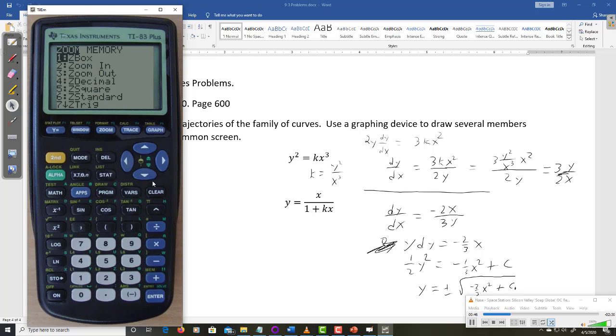And I'm going to do something else as well. I'm going to go to z squared, which will make my horizontal and vertical units the same.